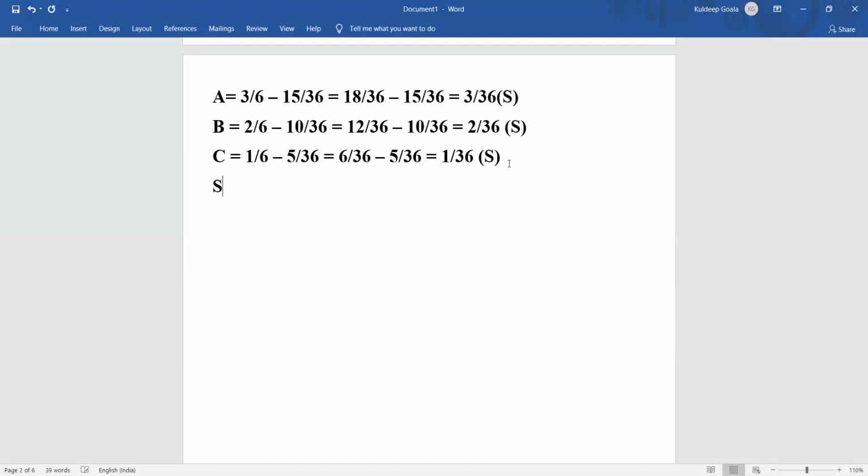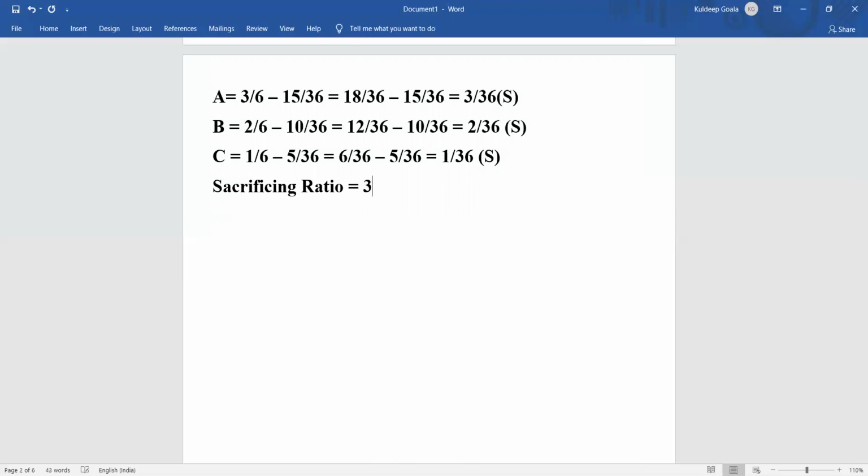So ultimately what we can say, sacrificing ratio equals how much?